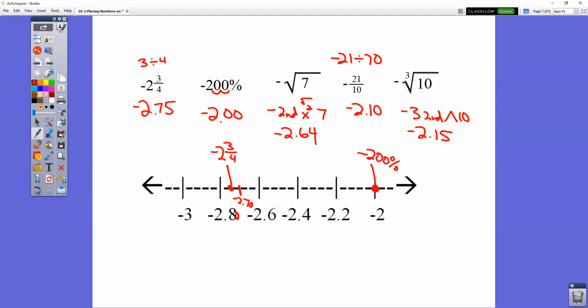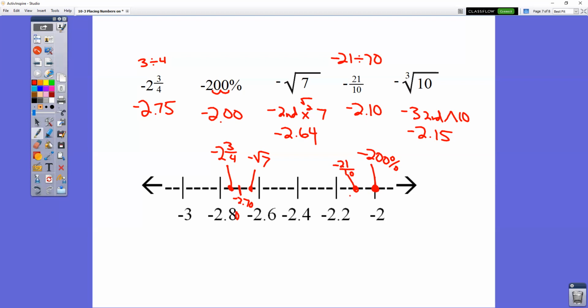-2.64. -2.64 has to be in between -2.6 and -2.7. -2.65 would be halfway in between those. So it's right on that first little dash, right about there. -2.1 is exactly halfway in between -2 and -2.2. -2.15.